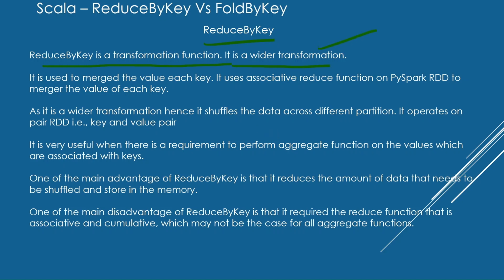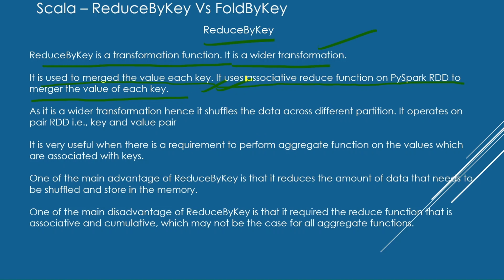Means data is going to shuffle across different executors over the network. It is used to merge the value of each key. It uses an associative reduce function on a PySpark RDD to merge the value of each key. So let's understand this one.